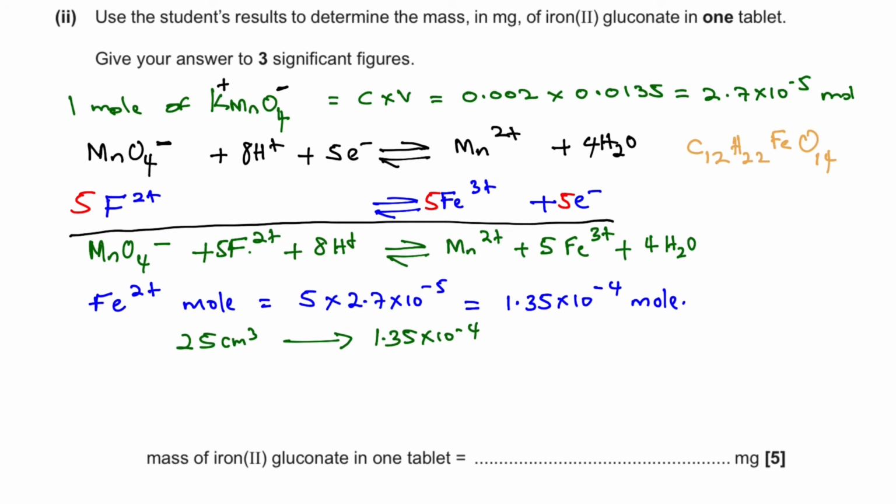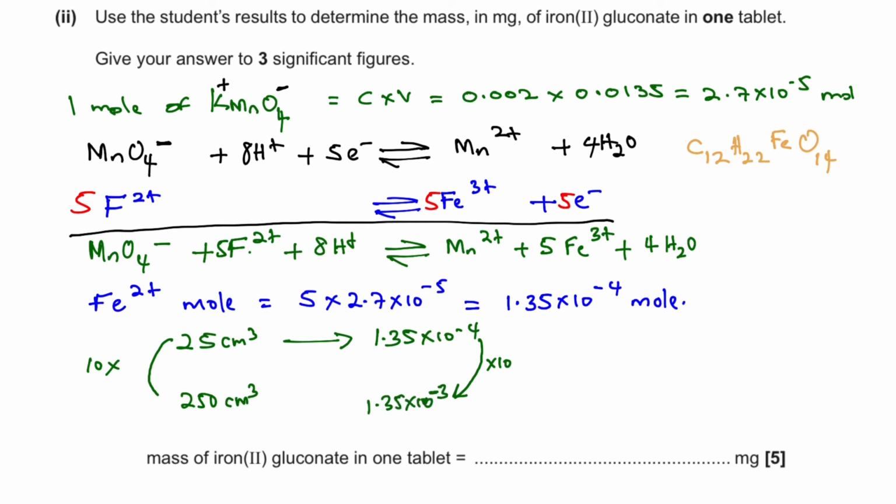And so to get the 250 back, we need to times it by 10, which will give us 250 centimeter cube, and when you times it by 10 you get 1.35 times 10 to the power minus 3.